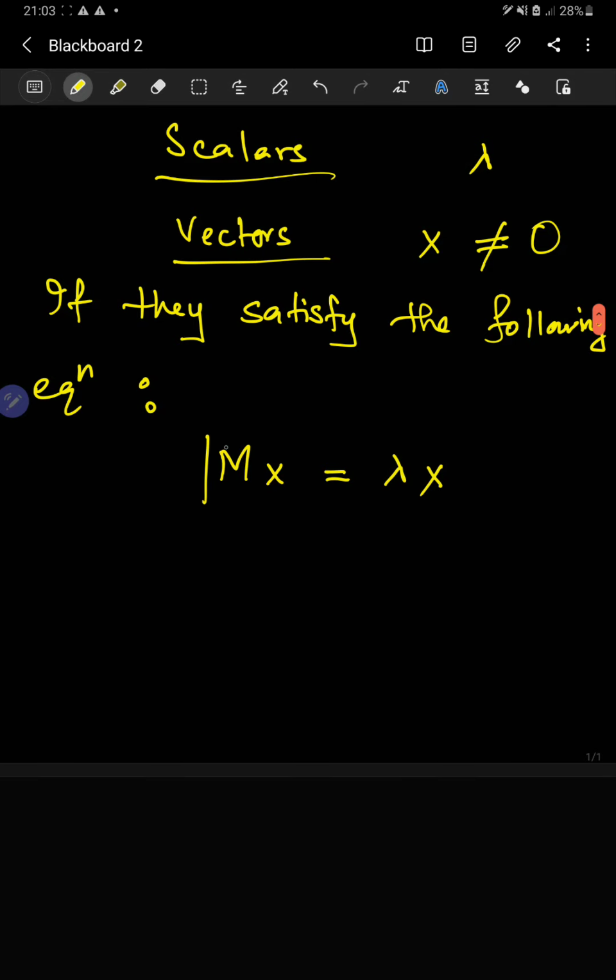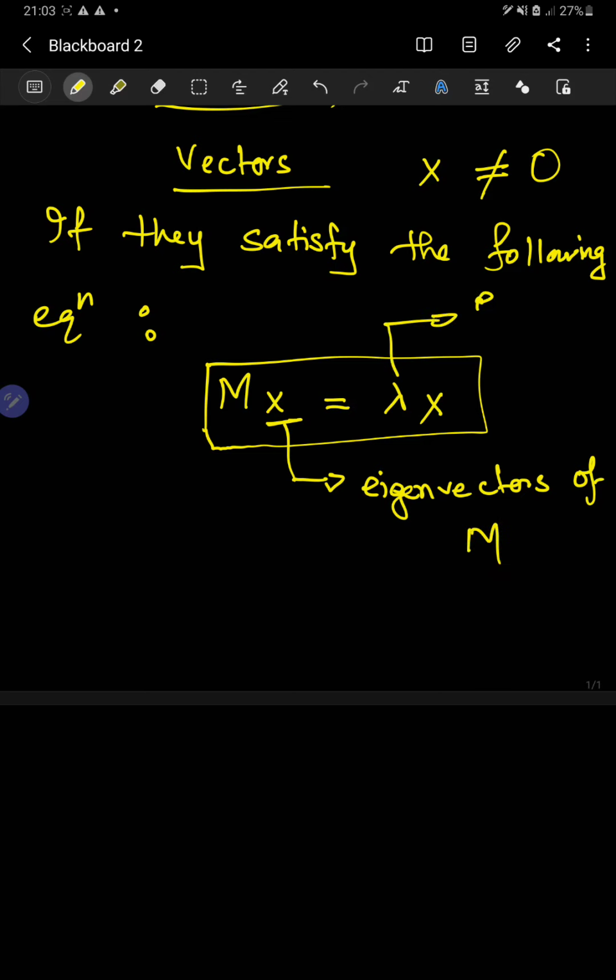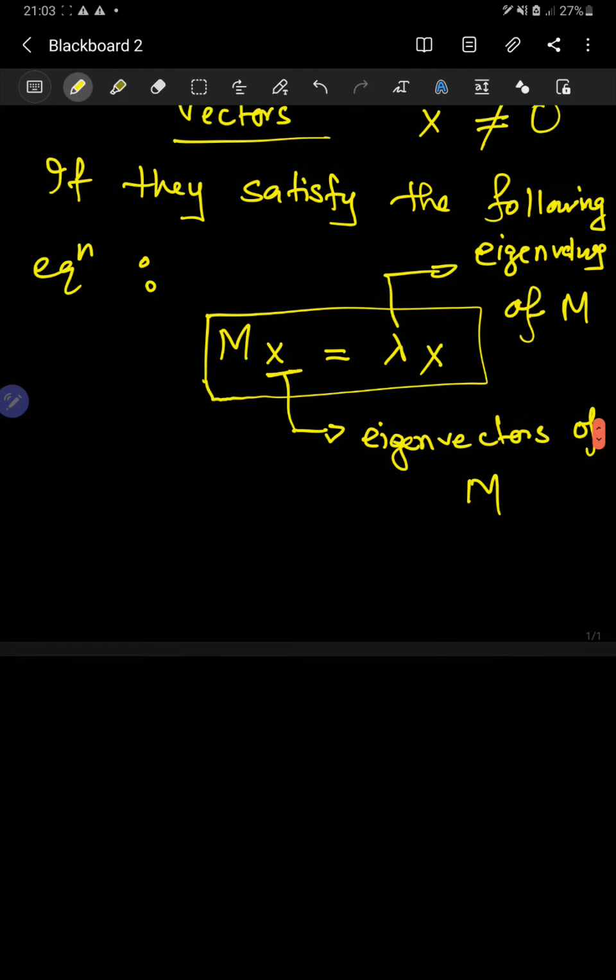then we call these x's, which are vectors, eigenvectors of M, and these lambdas are eigenvalues of M. You can think of it like this: you have a vector x. You can think of matrices as operators.